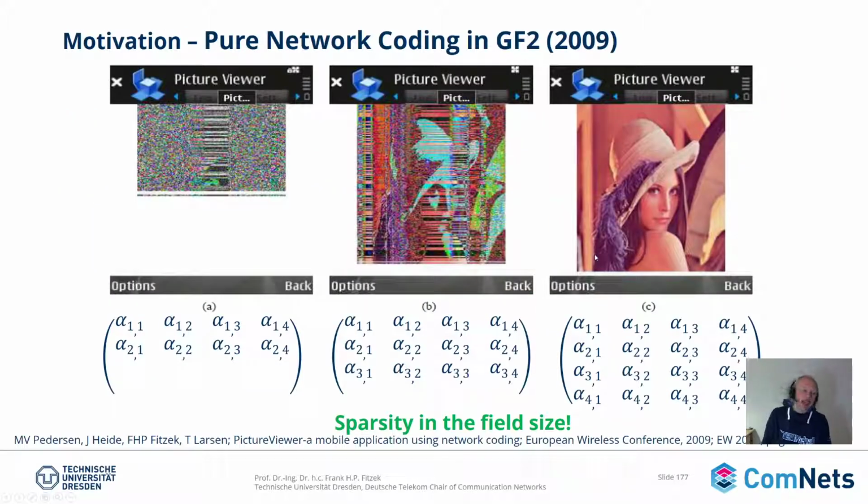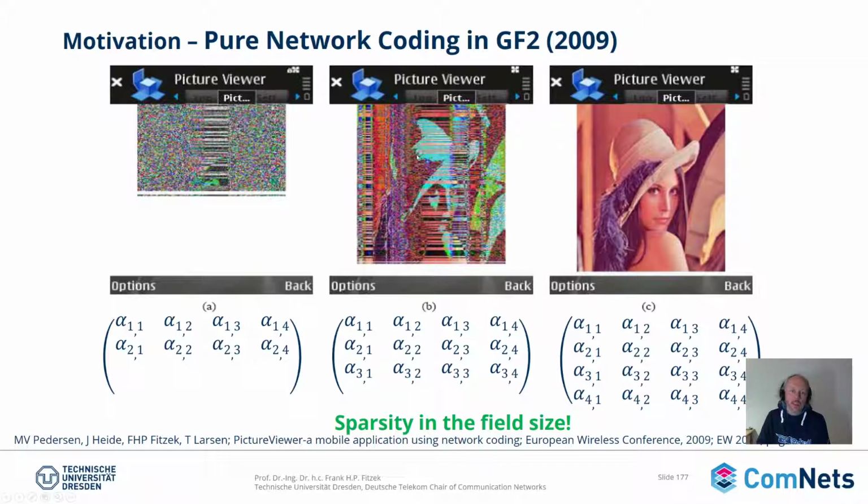And then we came back to something that we implemented in 2009 already, on the Nokia Symbian phone, where we implemented network coding, and the theory would say if you send out linear combinations, as long as not all linear equations are there, you could not decode the picture.